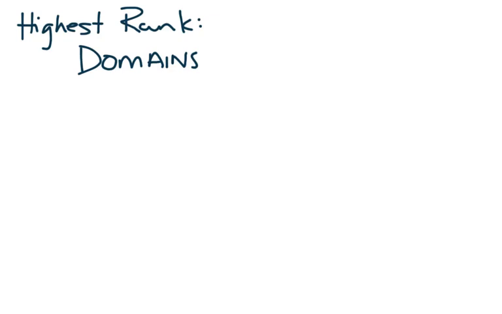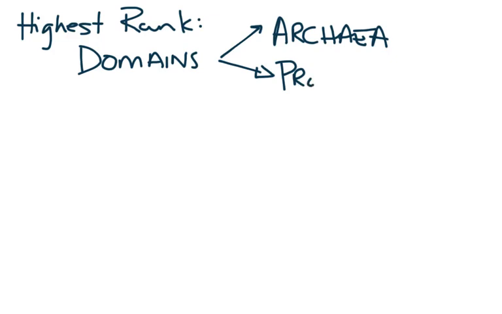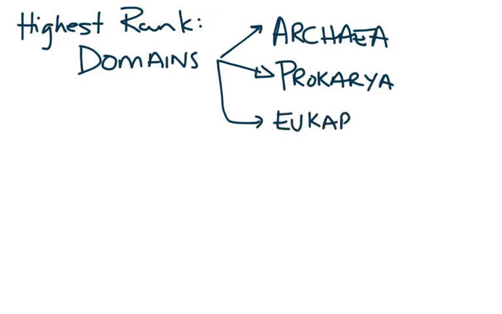Okay? And there are 3 of them. There's archaea, prokarya, and eukarya. Those are your 3 domains. Okay?